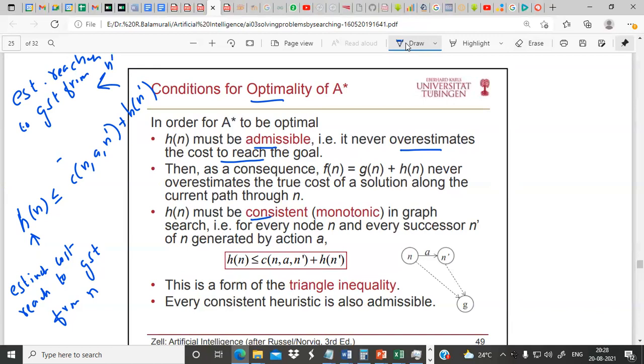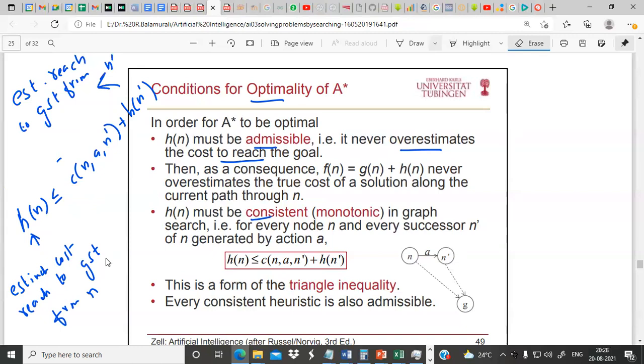So that's the only difference. But what is n dash? h of n is the cost of reaching the goal state from the state n, and h of n dash is the estimated cost of reaching the goal state from n dash. But what is n dash? n dash is a successor of n.